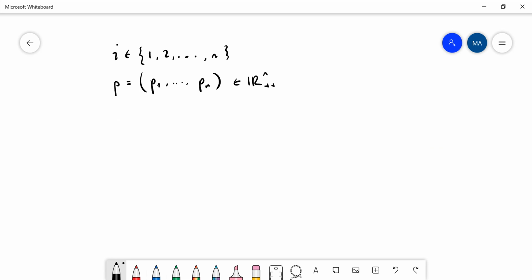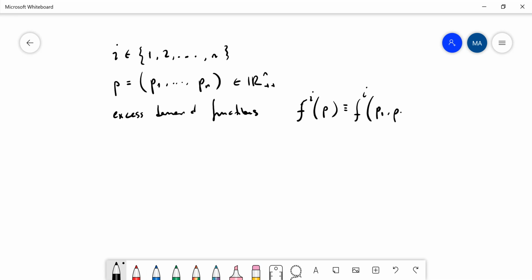And also let's define excess demand functions. Okay, so excess demand functions are, let's say, f_i, okay? As you see, the excess demand function of any good depends on all prices, right? Because most possibly these commodities are substitutes or complements.